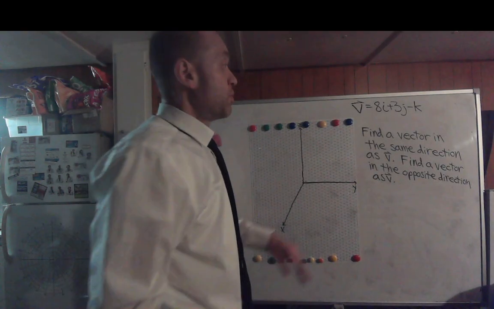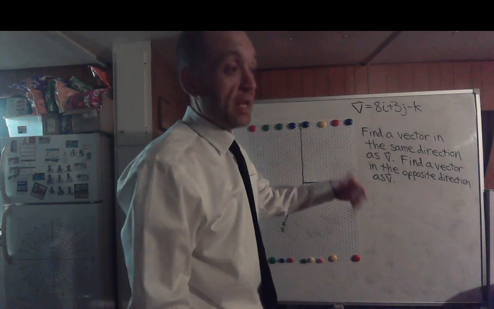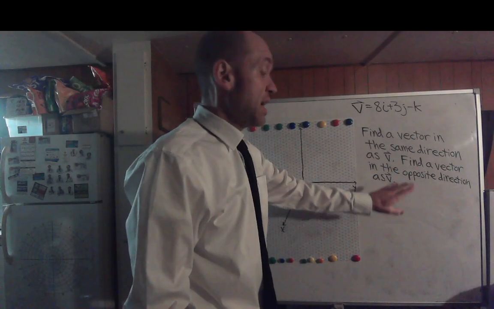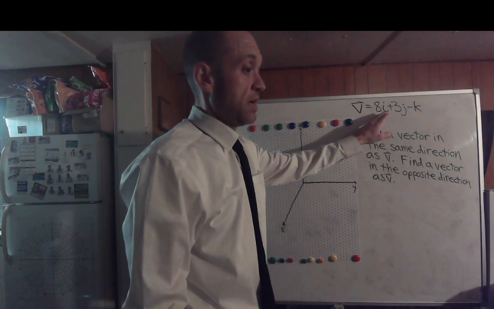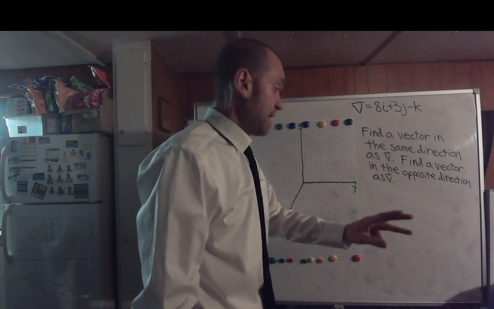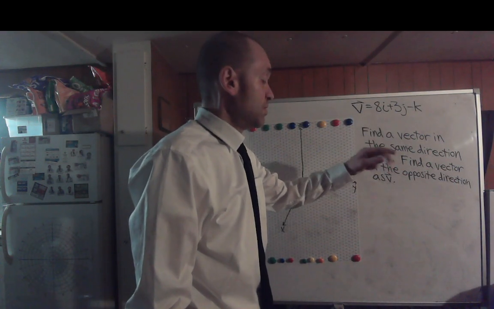So we want to first find a vector in the same direction as vector v, meaning a unit vector, and then we want to find a vector in the opposite direction as vector v. Well, that means we're going to take the negative of that unit vector.